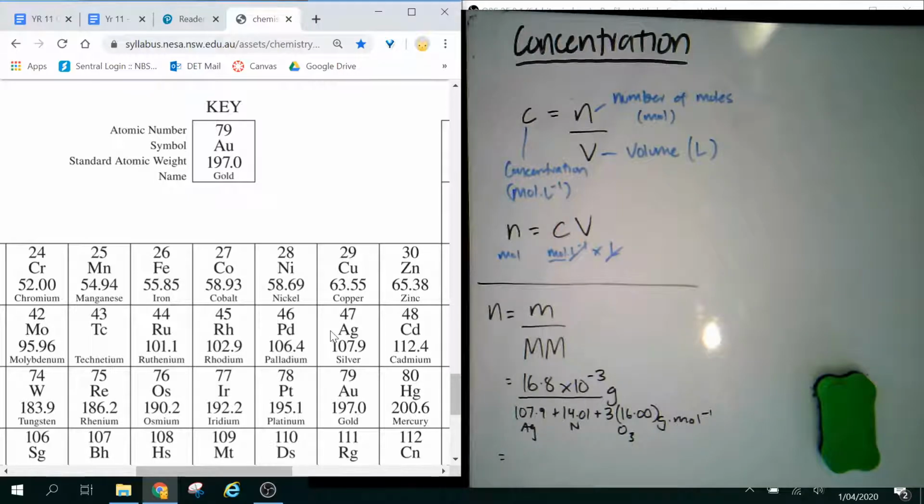16.8 times 10 to the minus 3, divided by 107.9 plus 14.01 plus 3 times 16.